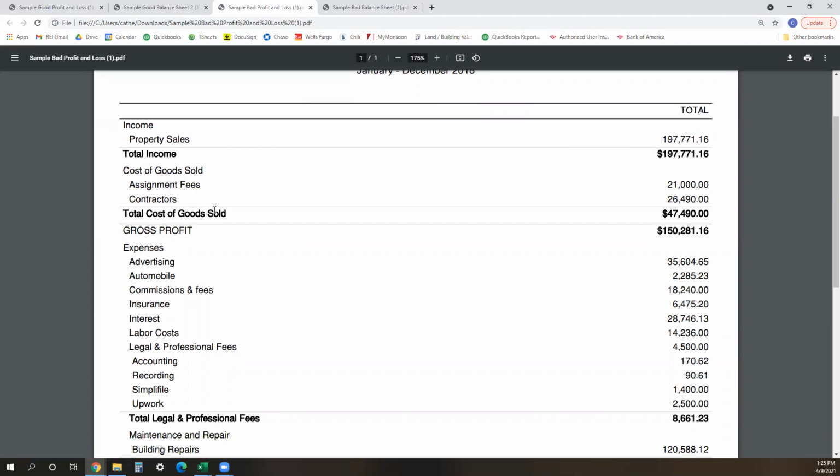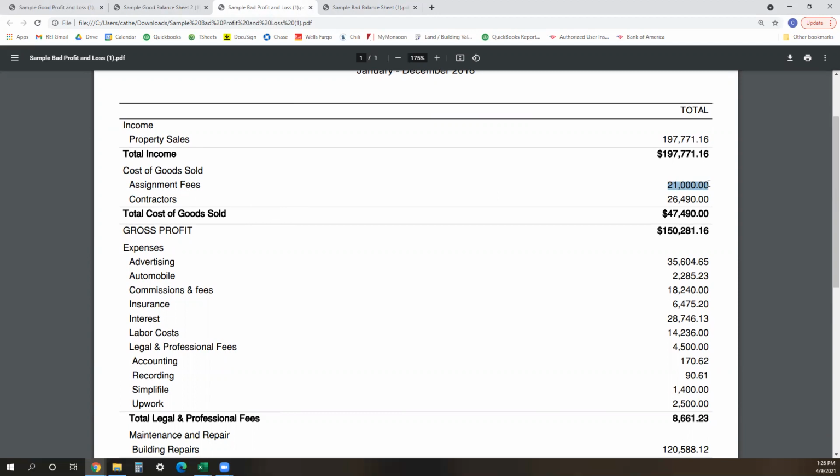Cost of goods sold, the way that we run cost of goods sold is everything associated with the property. And we'll break it out into categories that are informative to the investor. So there's some here, assignment fees would be what you paid out at the purchase of the property.